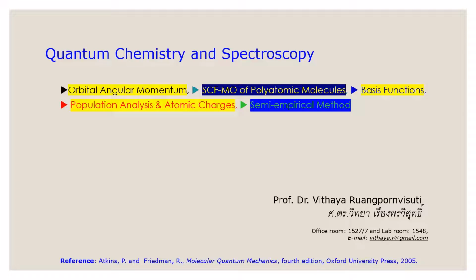The third one is the basis functions or bases. The fourth is the population analysis and atomic charges. The last one is the semi-empirical method, which is the simplest method of quantum mechanics.